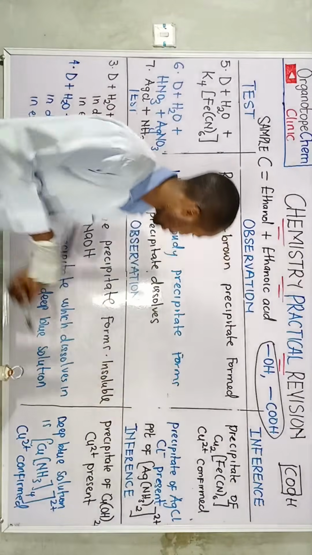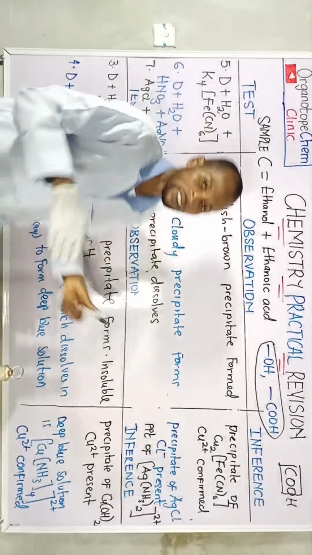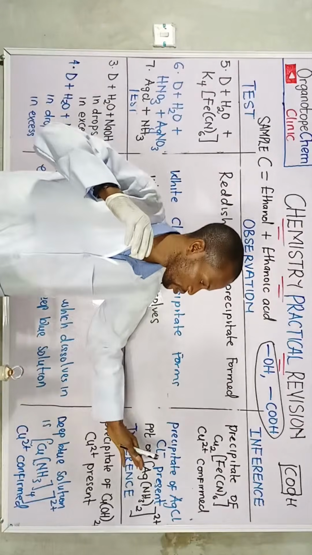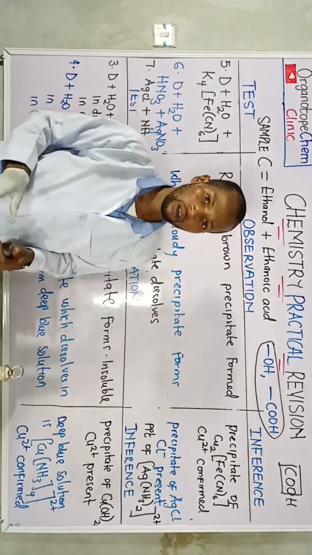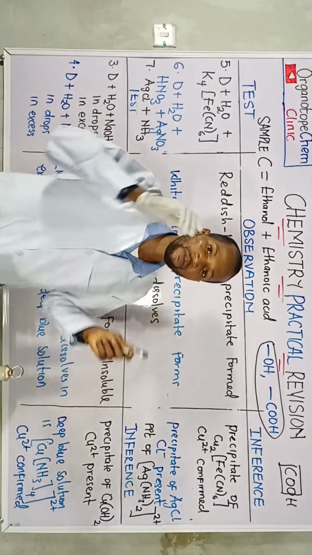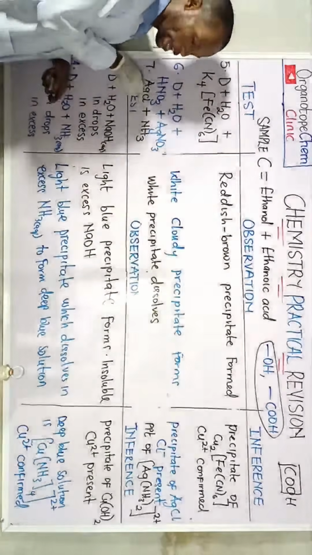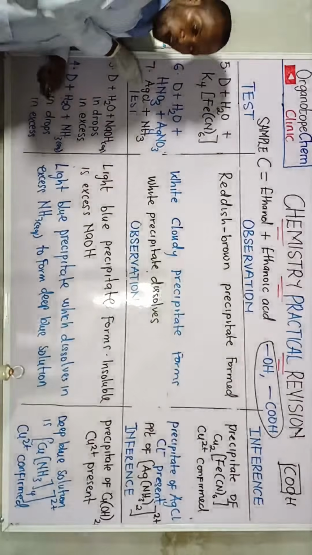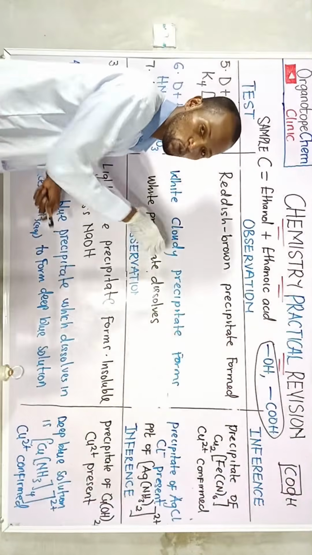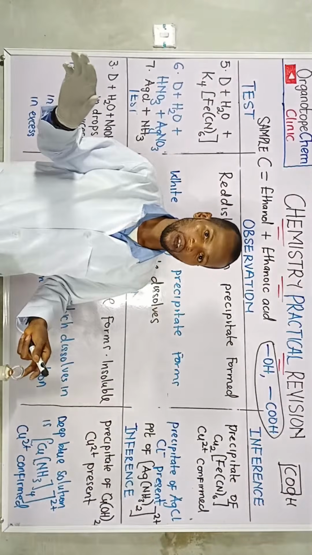Now this particular observation reflects the confirmatory test for what? The chloride. Because if chloride is not present, when we added ammonia to the precipitate formed, the white precipitate will not dissolve. Okay?